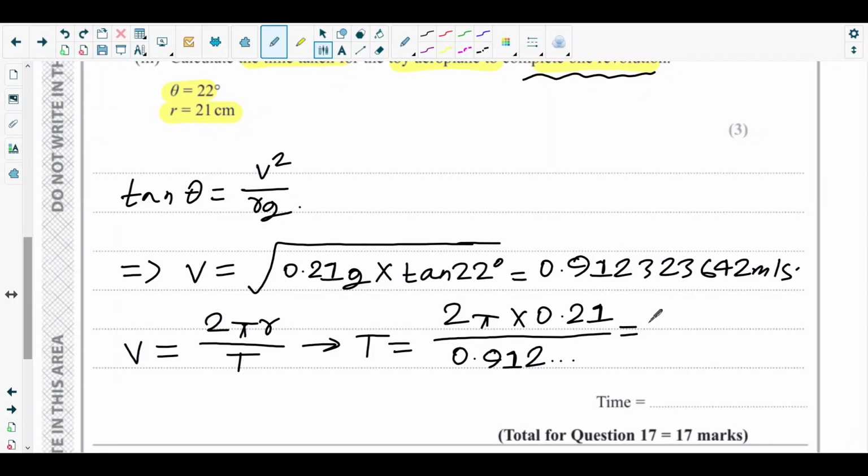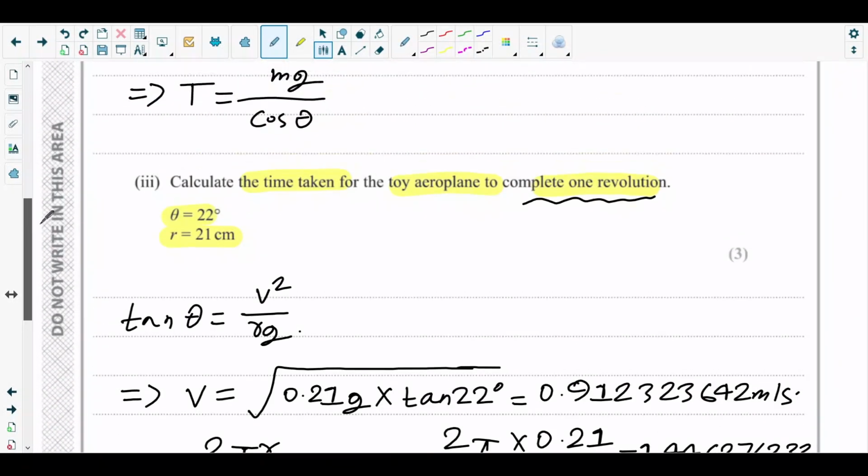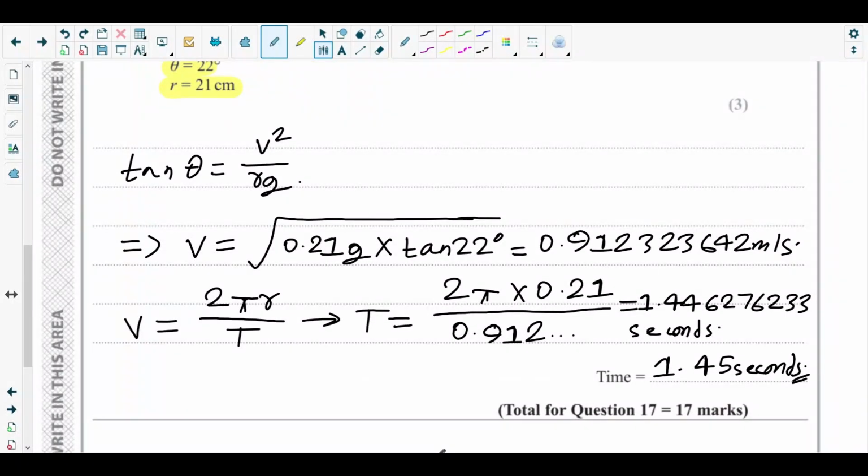So 2 times 3.1416 times 0.21 over the answer gives 1.446276 seconds. Up to 3 significant figures, we can write 1.45 seconds. So the time period is 1.45 seconds, and that's the end of question number 17.